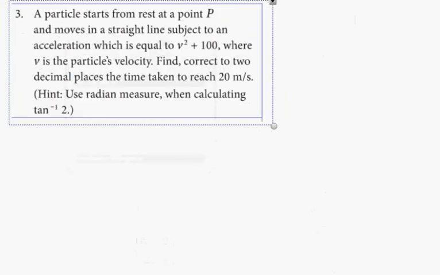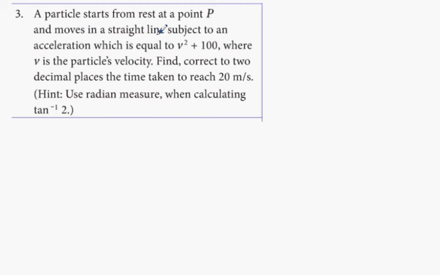Okay. A particle starts from rest at a point P and moves in a straight line subject to an acceleration which is equal to v squared plus 100. a equals v squared plus 100. Find, correct to 2 decimal places, the time, paired with velocity.